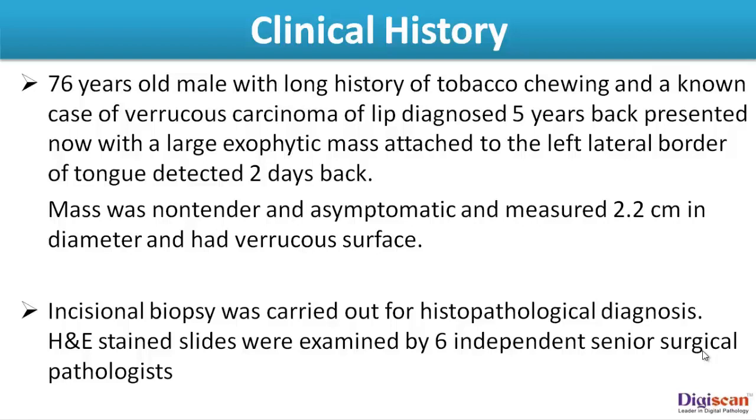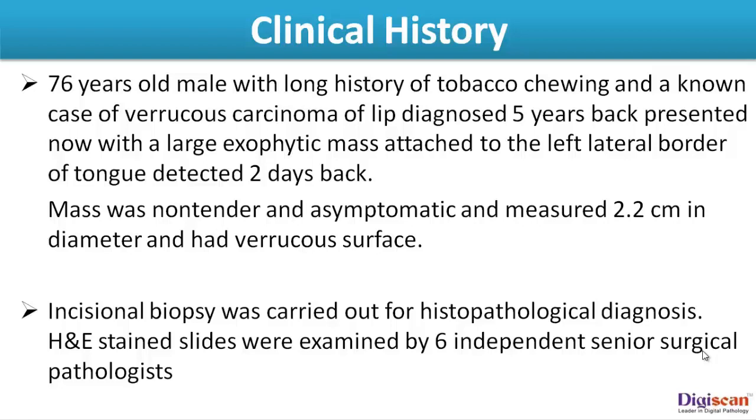A 76-year-old male presented with a long history of tobacco chewing and was a known case of verrucous carcinoma of the lip diagnosed 5 years back. Presently, he presented with a large exophytic mass attached to the left lateral border of the tongue, detected only 2 days back.